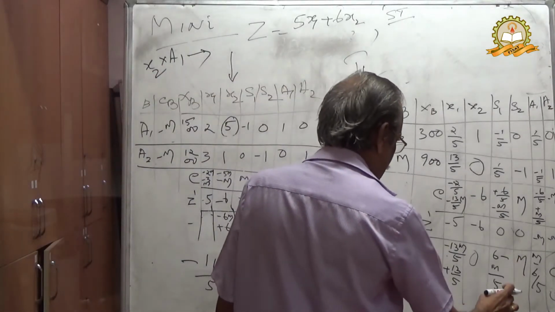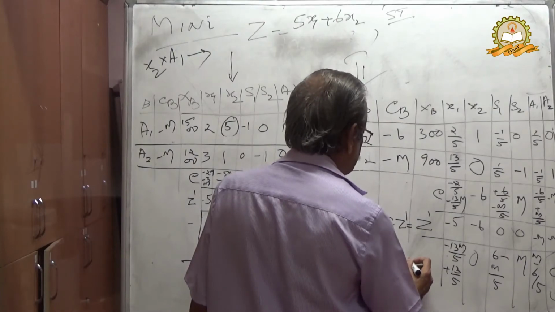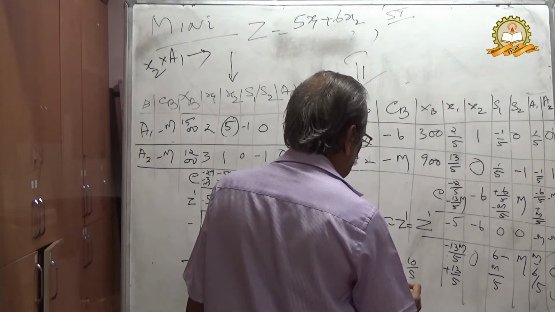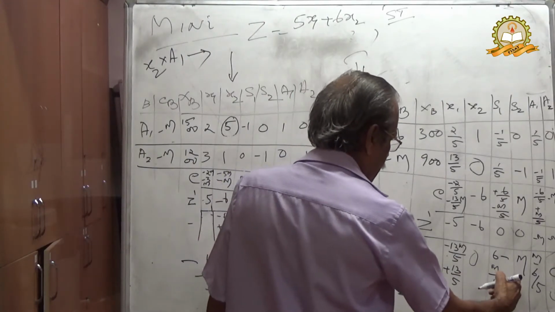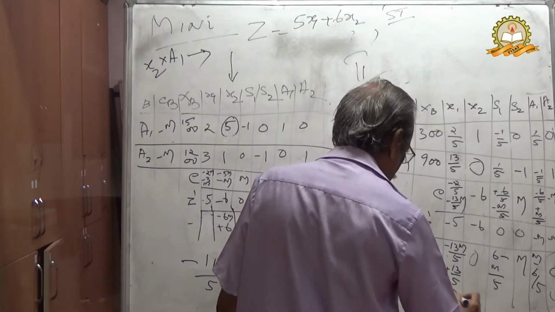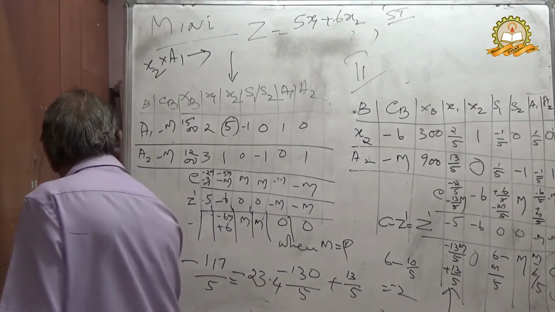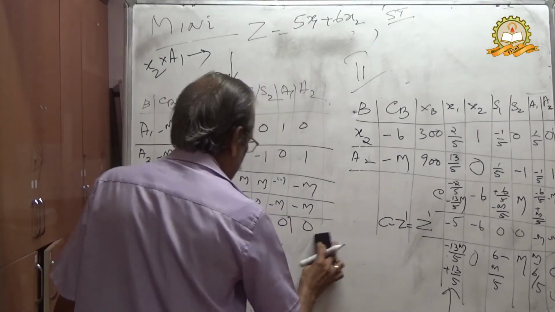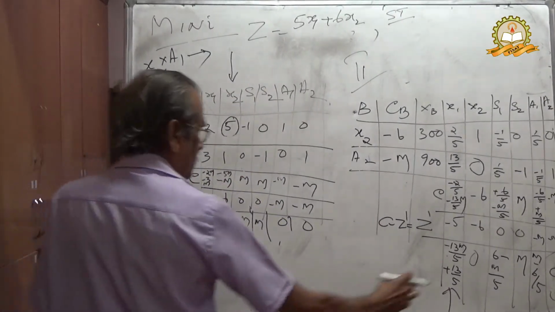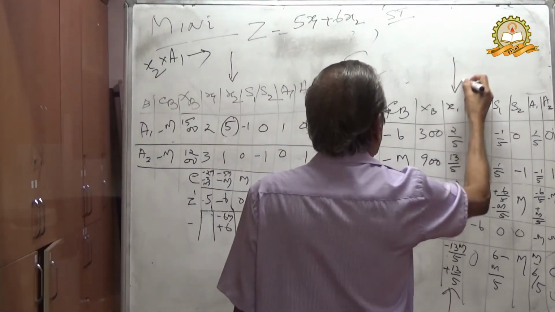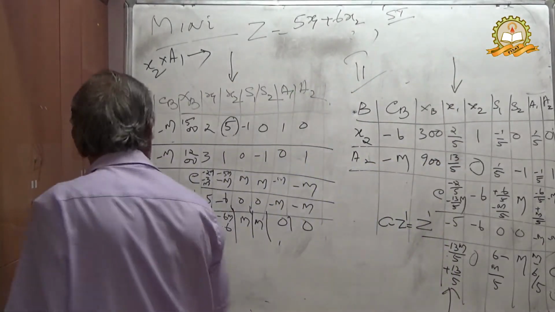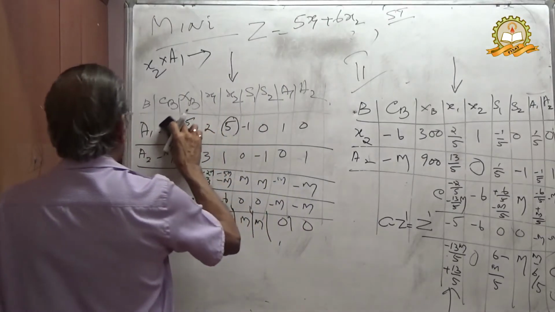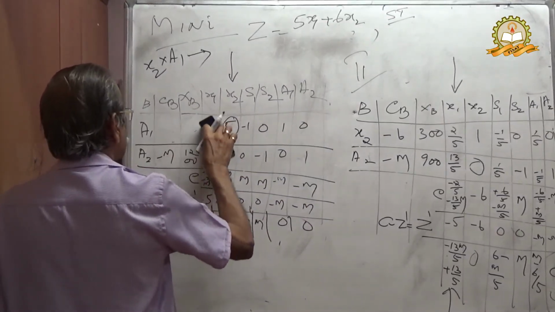Here it is 6 minus 10 by 5, equal to negative 2. Therefore this is your pivot column. Your pivot column is x1.